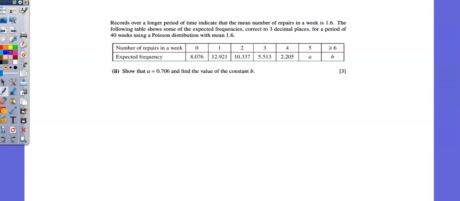So I'll change that from alpha to a since the second variable is b. The proof of a, I want to use the Poisson for the value of 5. So I have e to the power of the negative mean, negative 1.6, multiplying by the mean, 1.6, to the power of the number of repairs in a week I'm looking at, 5, over that same number, 5 factorial.